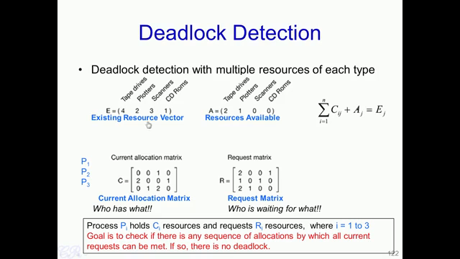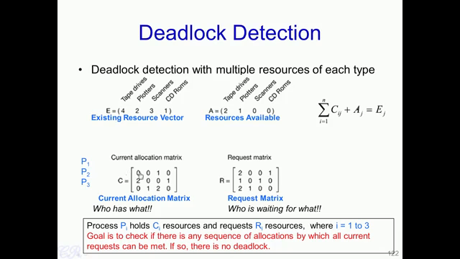Let us say in our system we have 4 resources: tape drives, plotters, scanners and CD-ROMs. Further, there are 4 tape drives, 2 plotters, 3 scanners and 1 CD-ROM. Then let us also say that we have 3 processes executing in the system, P1, P2, P3, and this is the current allocation matrix.